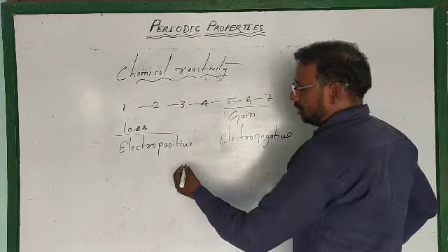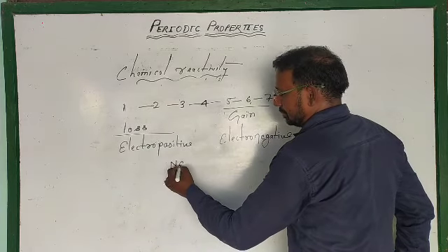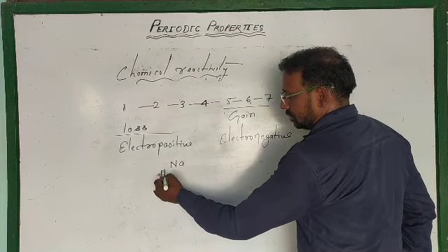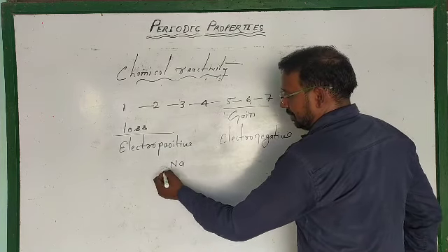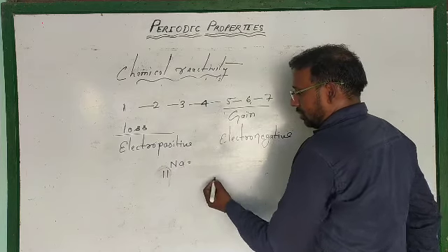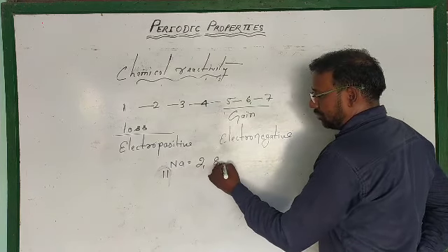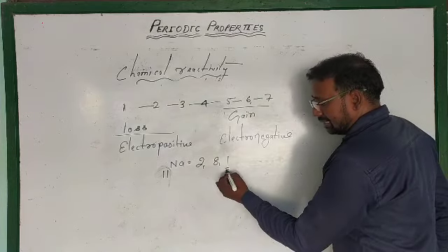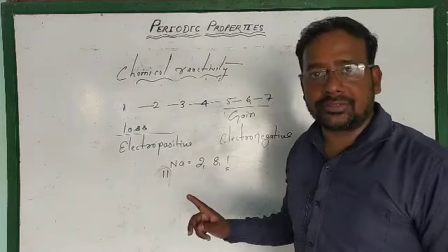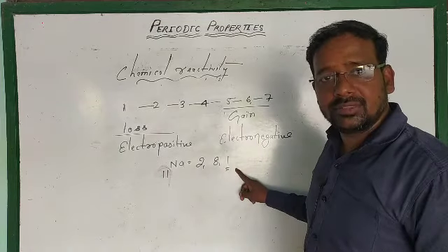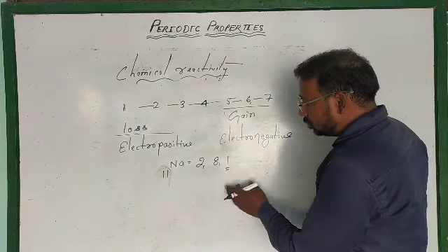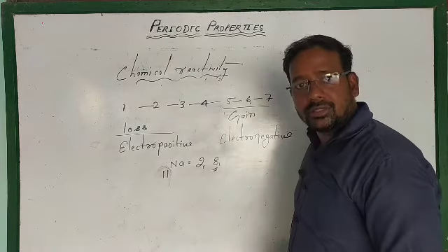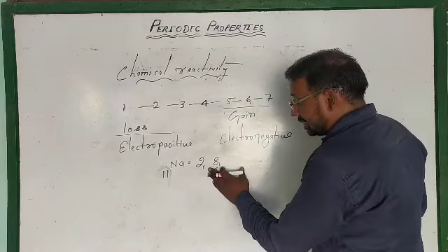Suppose I talk about sodium. Its atomic number is 11, and you will write the configuration 2, 8, 1. Here you can see that its valence cell has 1 electron, so the valence electron is 1, and it is very easy to lose 1 electron to get a stable configuration, rather than gaining 7 electrons.